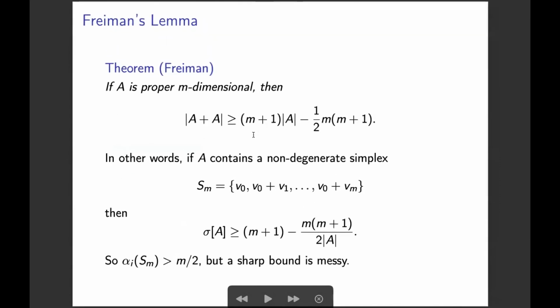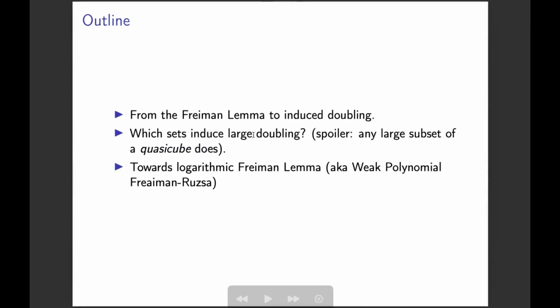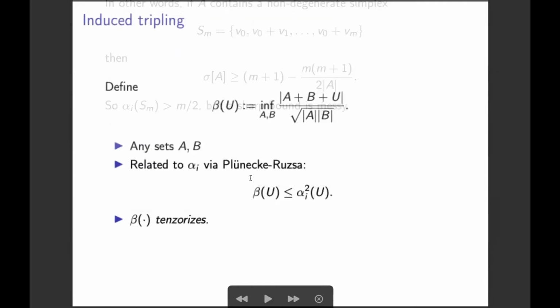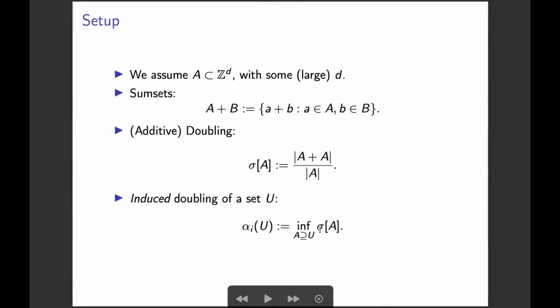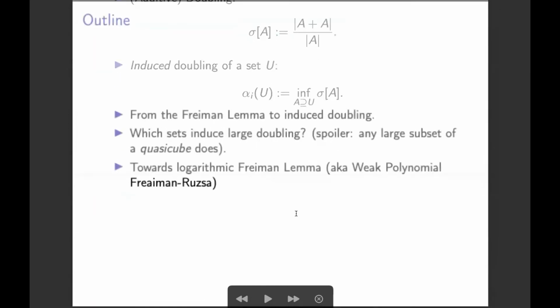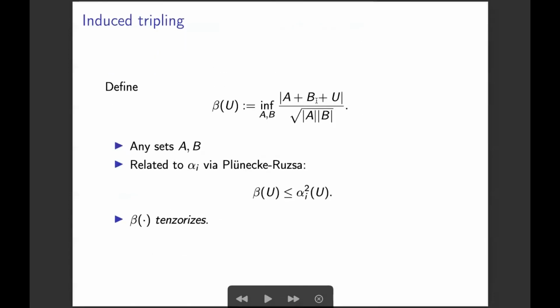If you look at the alpha, which is just an inherent property of your set, then you cannot really say anything about alpha if you know alpha about the fibers, right? But here beta is constructed in such a way that A and B are arbitrary, and it turns out that it really helps to induct.